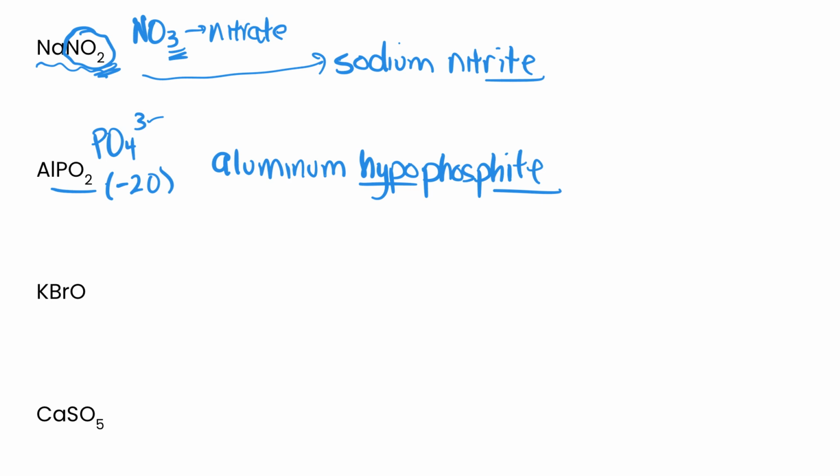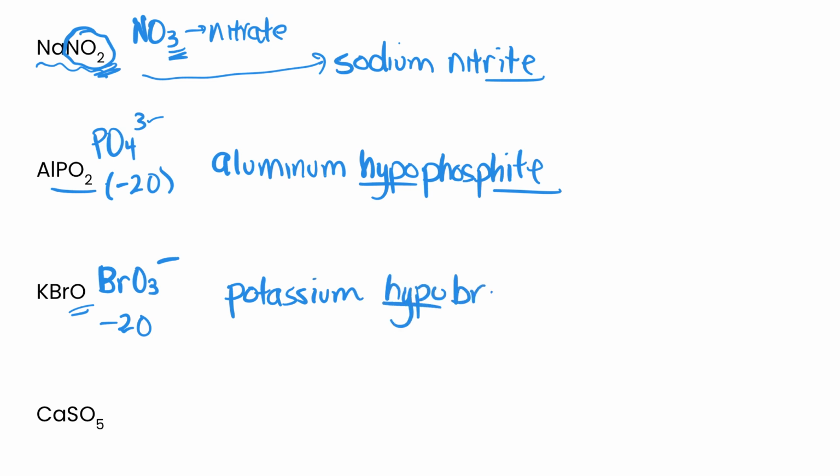The next one, KBrO, I'm thinking the typical polyatomic ion is BrO3-. Again, we are two less oxygens, so that's going to become our potassium. Hopefully I spell potassium right. And then our hypo, and then this is the brom, and then ite. So potassium hypobromite.